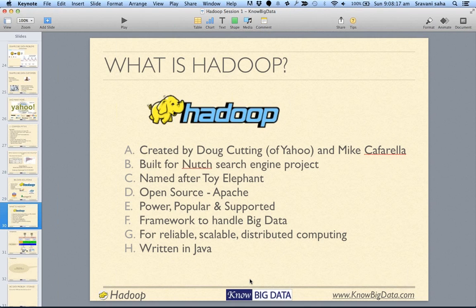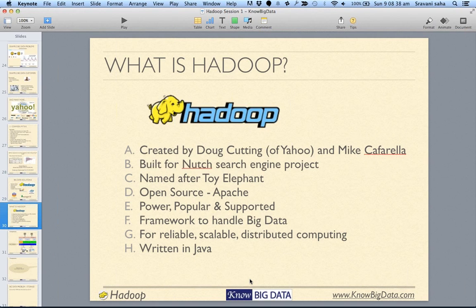So, what exactly is Hadoop? Hadoop was created by a person called Doug Cutting along with Mike Cafarella. They were building the Nutch search engine project. They were building a search engine like Google, called Nutch, in their personal time while working at Yahoo.